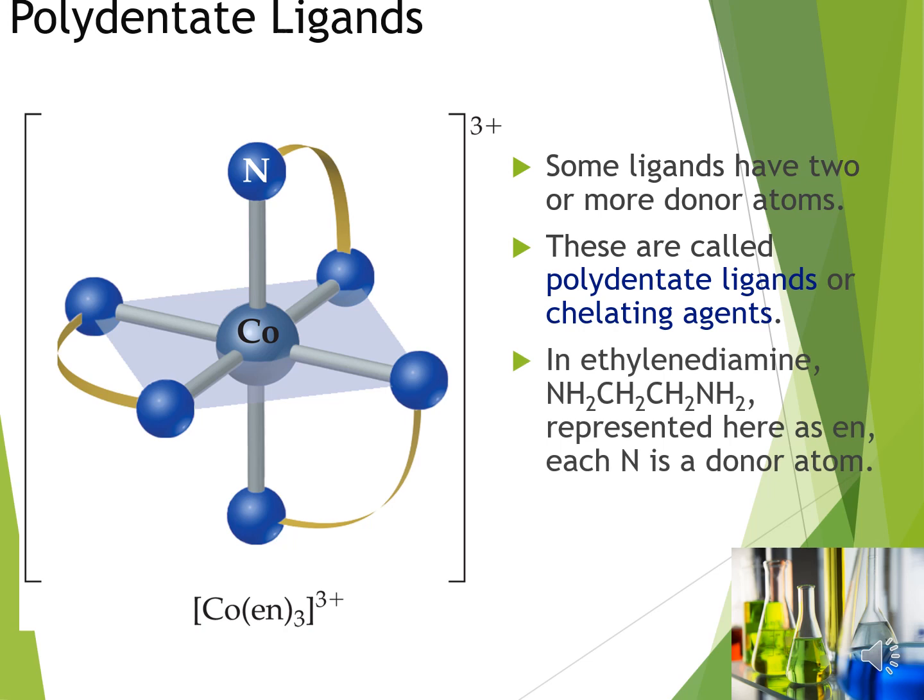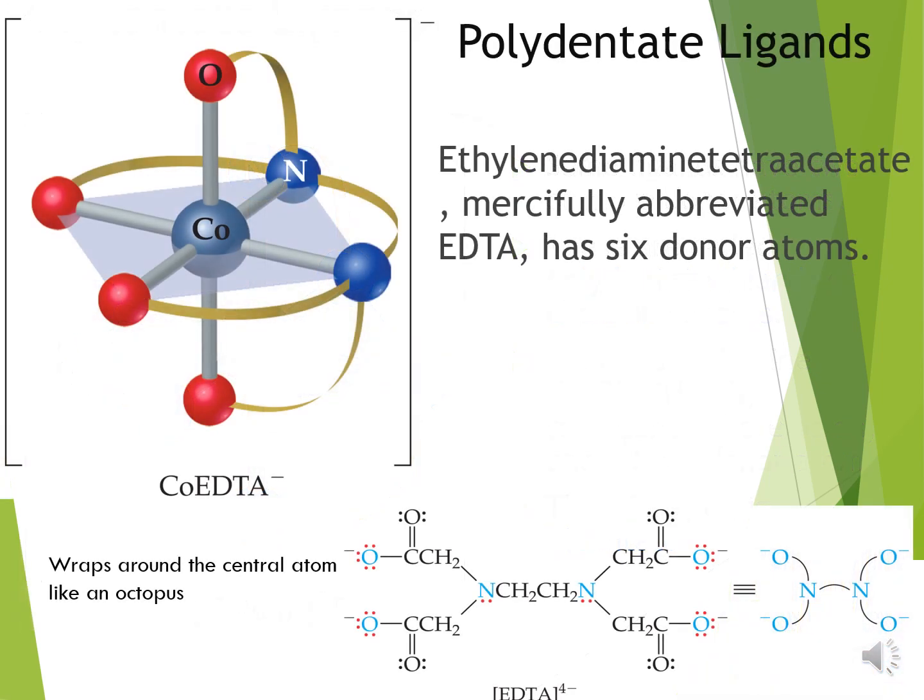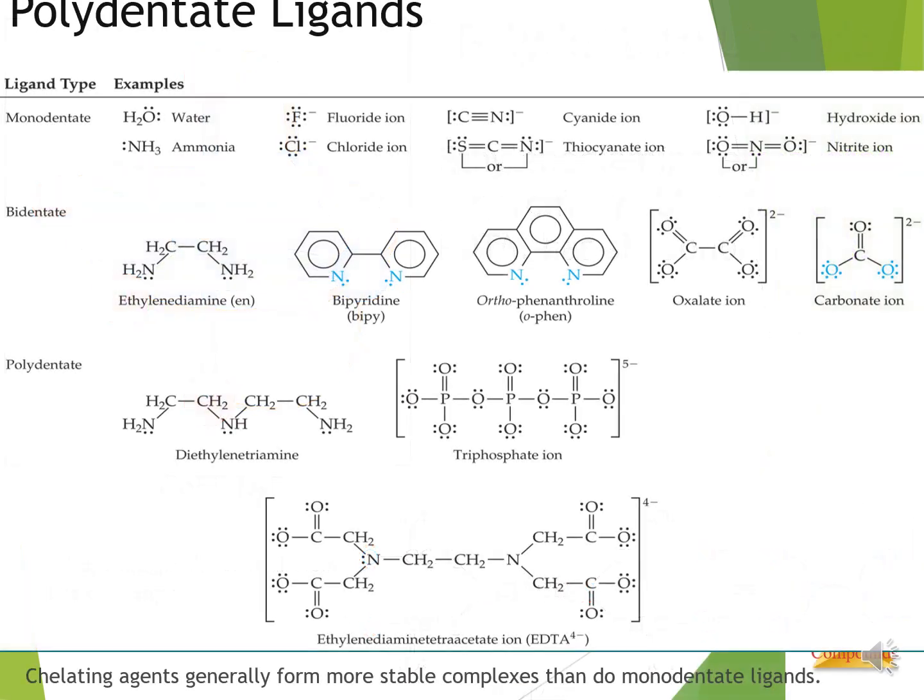For example, ethylenediamine. In polydentate ligands, ethylenediaminetetraacetate has 6 donor atoms. It wraps around the central metal atom, cobalt, like an octopus. These are examples of monodentate, bidentate and polydentate ligands.